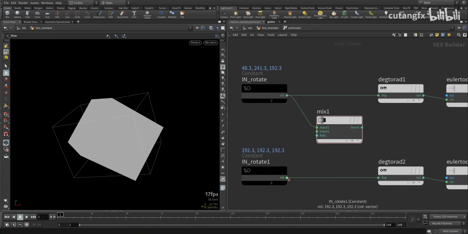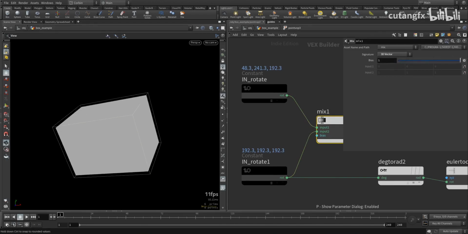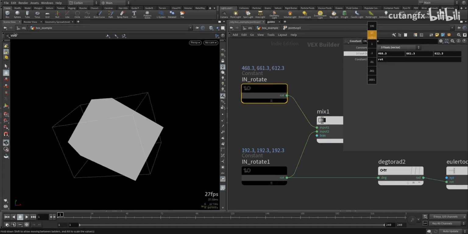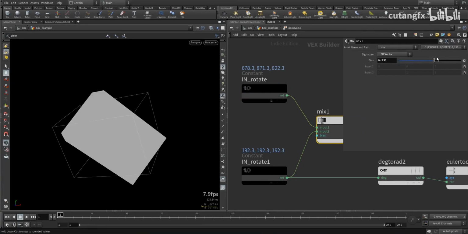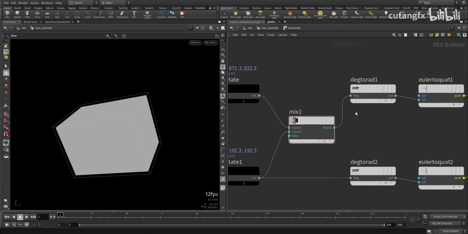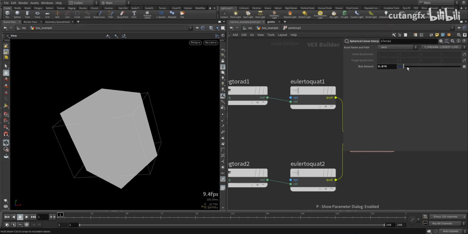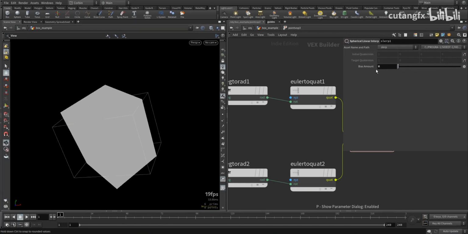If we plug in 2 vectors, then it reads the vector, and you'll see here we can do the same thing. We can blend from the one to the other. In this case, it seems to work okay, but if we went more extreme with these rotations, then you'd start having a few issues and things might flip on top of one another or give weird results. Whereas for that same result, the spherical linear interpolation is going to take just the shortest path to rotate from one to the other. So it won't do all of that tumbling and spinning, it literally just finds the shortest way to rotate from A to B.